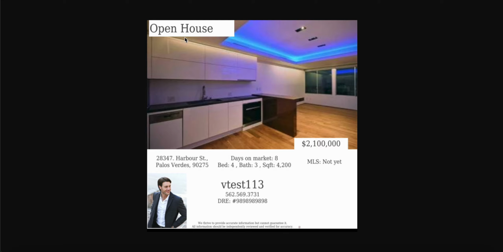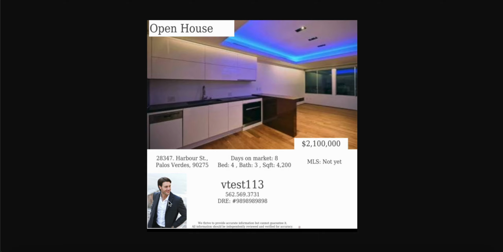So in your posting, you can then say when this open house is, and from what time, and this and that. But this is how easy it is. Only a few clicks, and you have made an open house flyer or post.